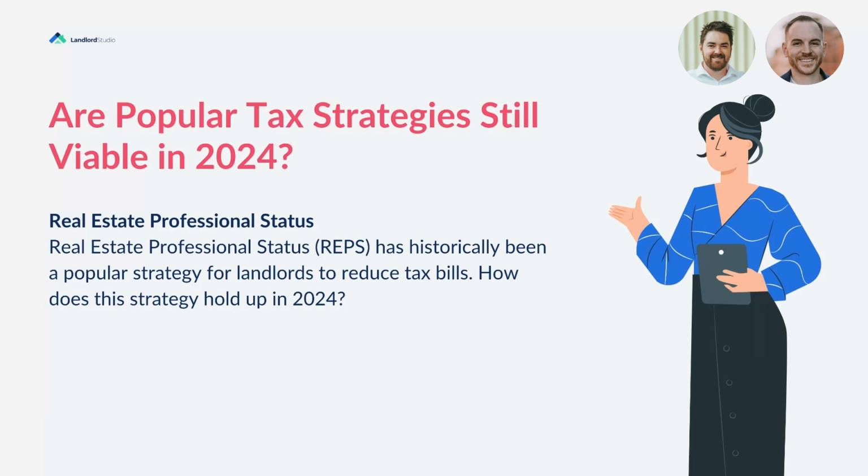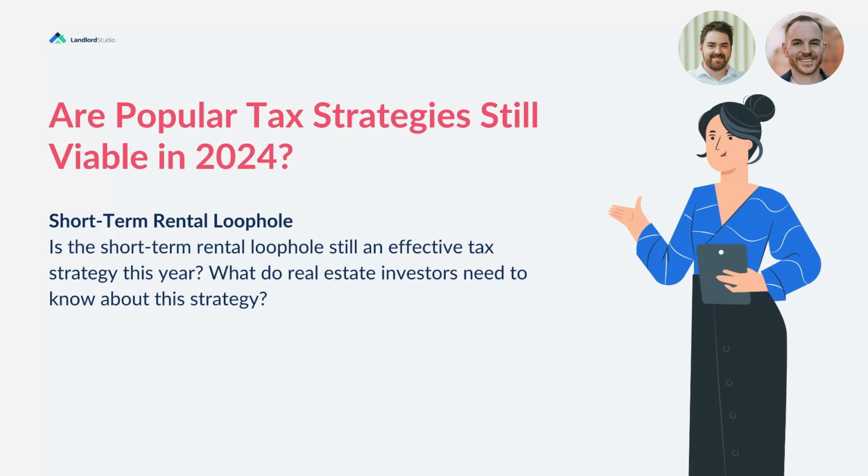Another tax strategy is the short-term rental loophole, and you mentioned it just before. Maybe just give a sense of its current status, whether it's still an effective strategy, and how people are using this? Yeah, absolutely. So we're still very much seeing the short-term rental loophole being used.